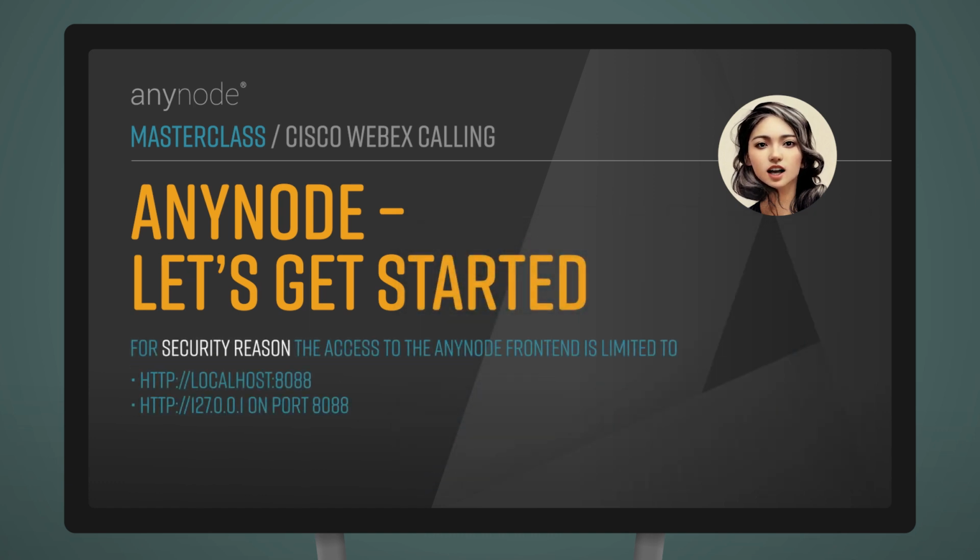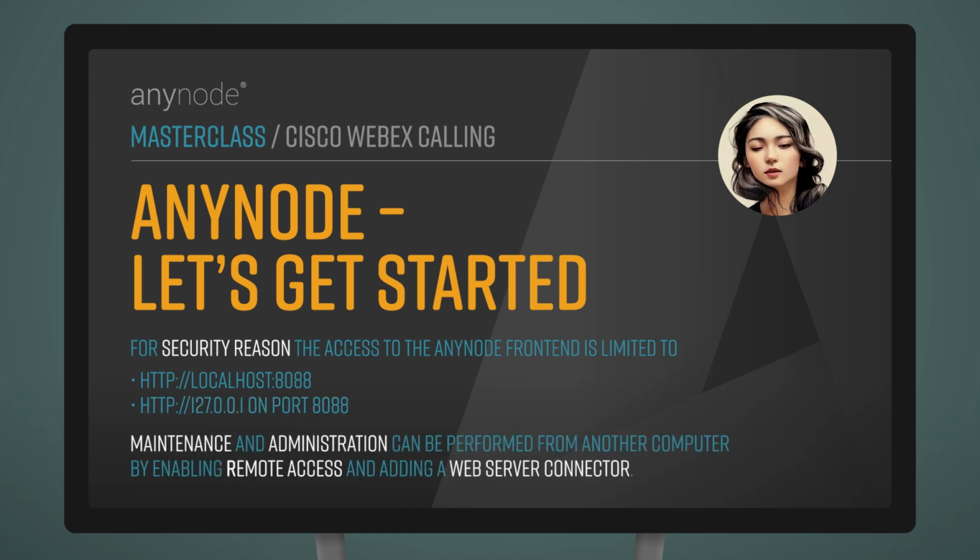By default, anynode's frontend access is restricted to port 8088, unless the port was changed through the installation options, and the localhost hostname, or the IP version for the loopback address 127.0.0.1. To perform maintenance and administration tasks on anynode from a different computer, you can enable remote access and add a web server connector.